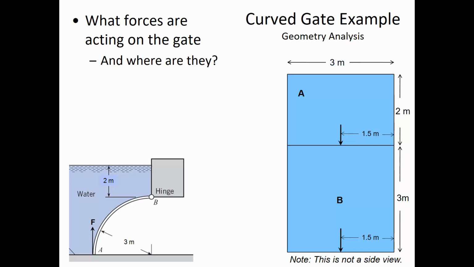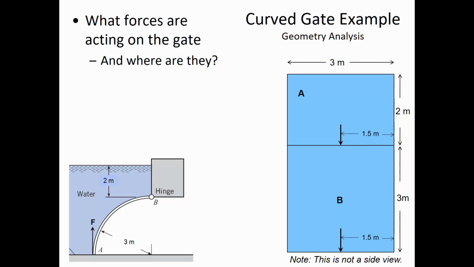And then also acting in the counterclockwise direction is the F sub H that we just calculated, 412,020 newtons, and the distance is 1.7143 meters, if we subtract out the 2 meters from the water surface to the hinge. So we just want to know how far below the hinge that is, because that's the effective moment distance.